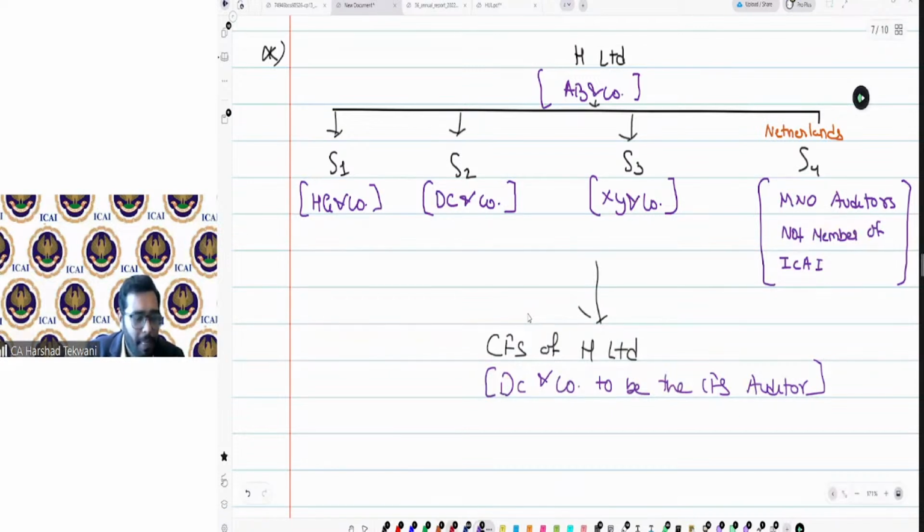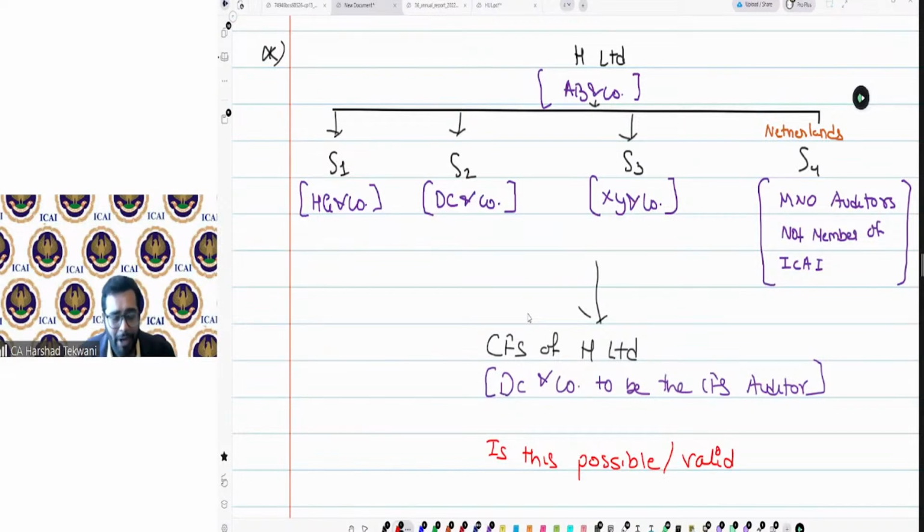Now my question is, is this possible, or correct, or valid to appoint any other auditor for CFS compared to what is there for the standalone financial statement? So for the standalone financial statement of H Limited, you have ABN company, but for the consolidated, you have DCN company. Can we do that? Can we have two separate auditors, one for standalone and one for consolidated?